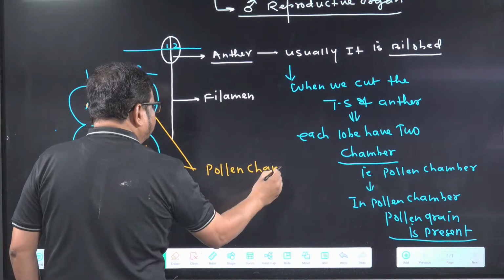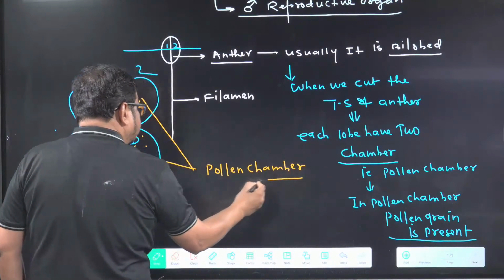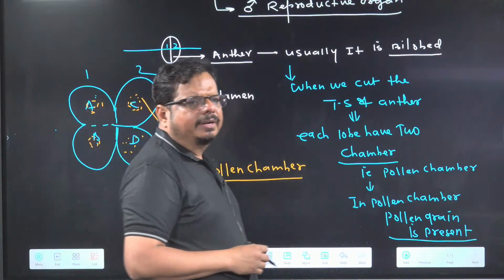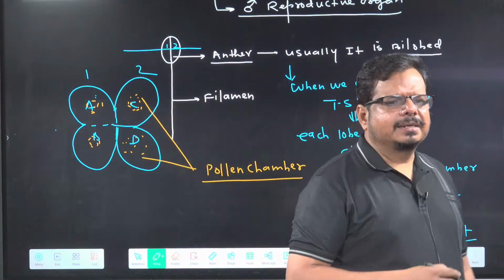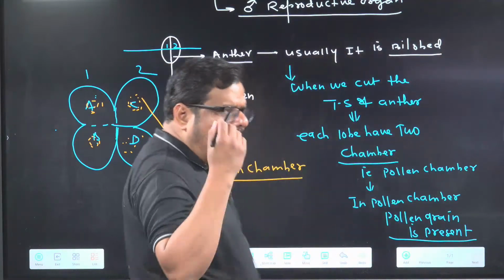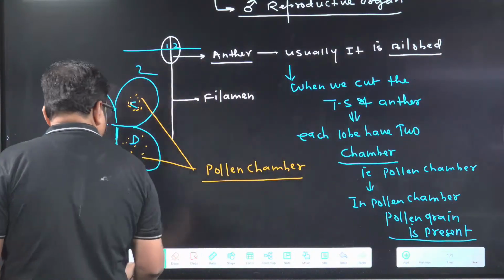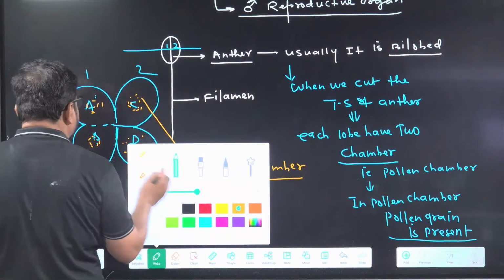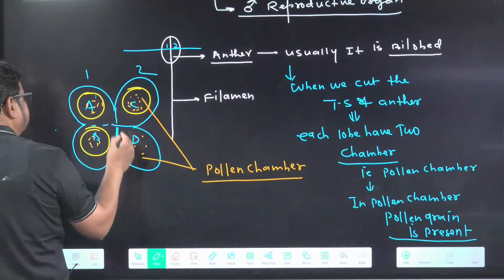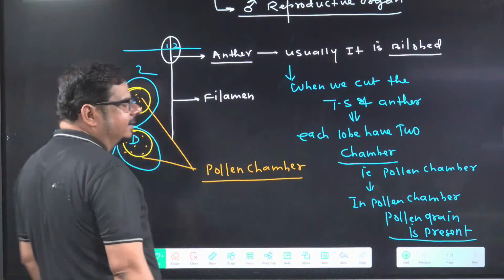About the detailing of it, we will study in sexual reproduction in flowering plants. Getting the idea or not? Is it all right? Done? Understand the basic idea about the pollen chamber. Later on we will talk about it. In each corner, one student writing. So this is one microsporangium, another microsporangium, another, another.